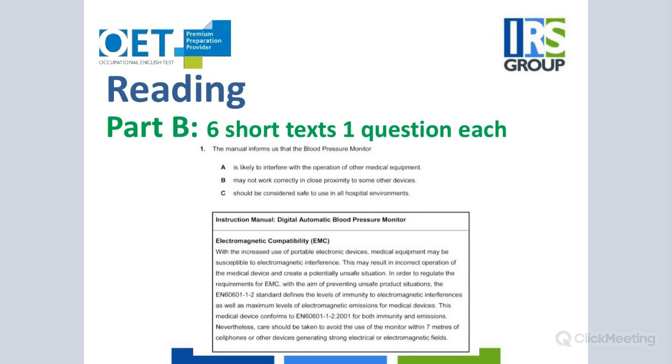You will get precisely 2 minutes for each question, so when you do the maths, you get 2 minutes to read the extract or text and answer the question. All 6 questions get 2 minutes each.